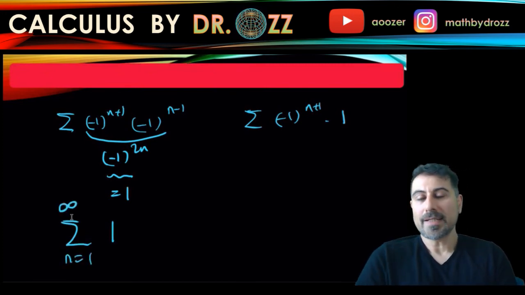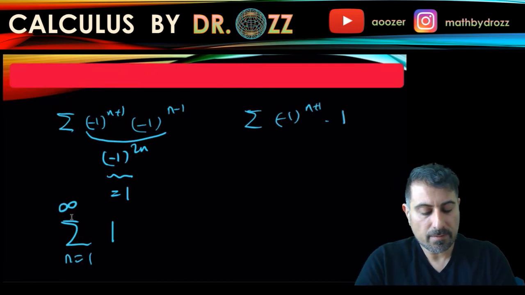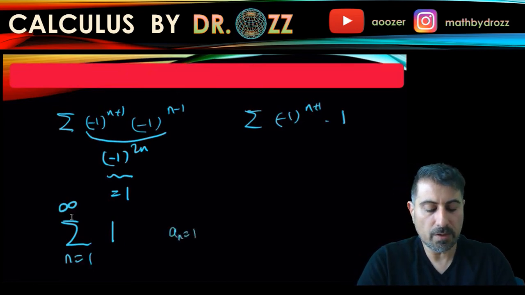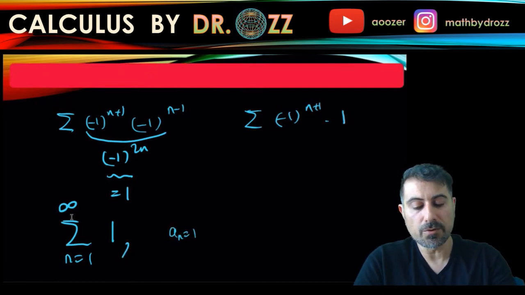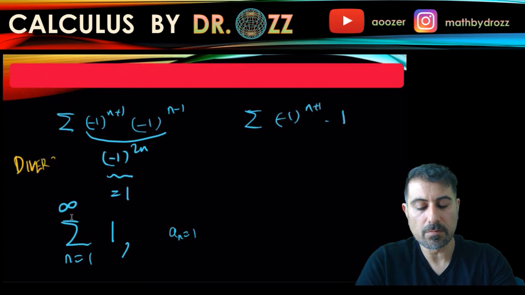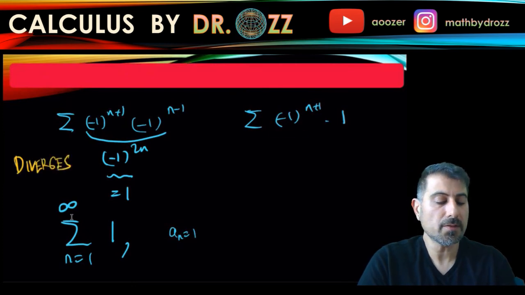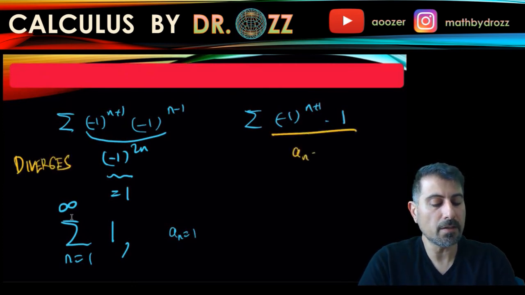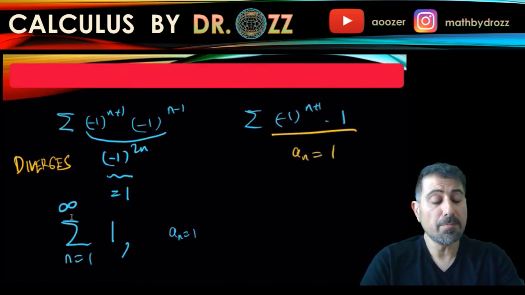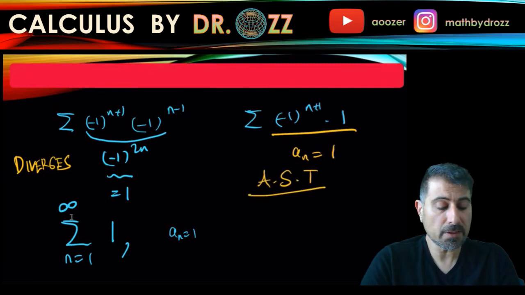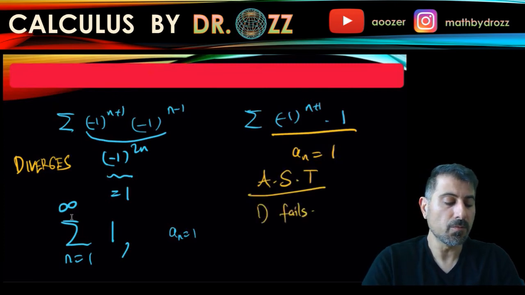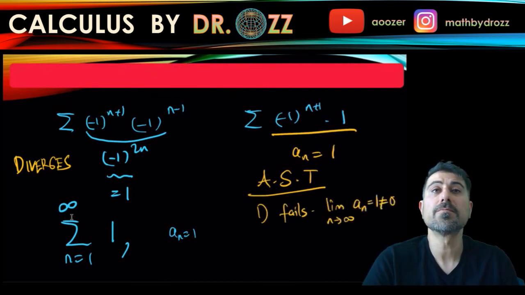Well, by the n-term test, this diverges, right? Because a_n here is equal to 1, and it doesn't approach 0. So this diverges. Okay, how about this? This is an alternating series with a_n equals 1. You can immediately apply the alternating series test, and you can show that the first condition fails, which is that the limit of a_n is 1, which is non-zero.